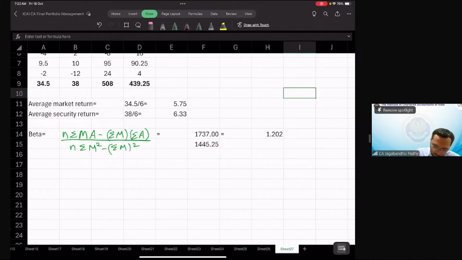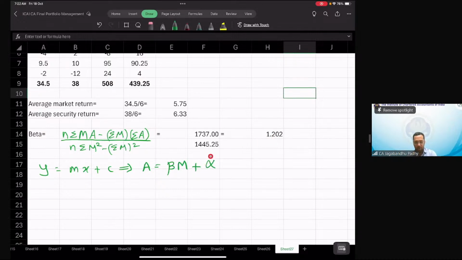We are aware that regression equation is of the form y equal to mx plus c. This is the normal form of regression equation, but we can modify this and say that return of security A, because the name of our security is A over here, will be equal to beta into x. Now instead of x we have the market, plus instead of c we call it alpha. Now to form the equation we have already got the value of beta, which is 1.202.